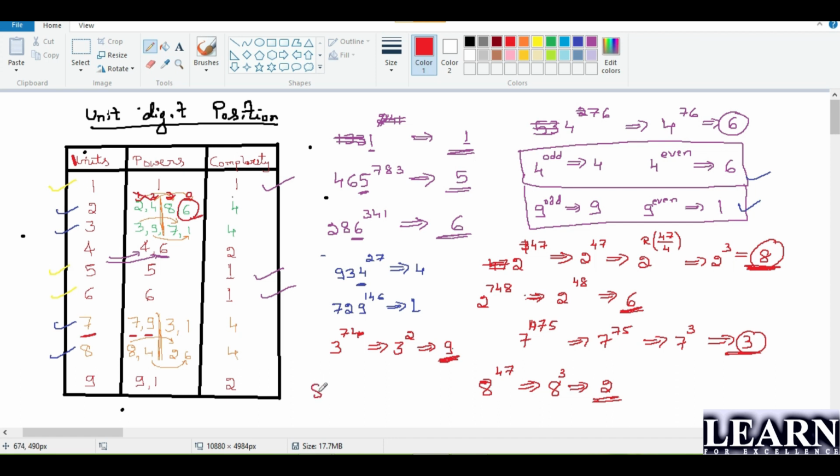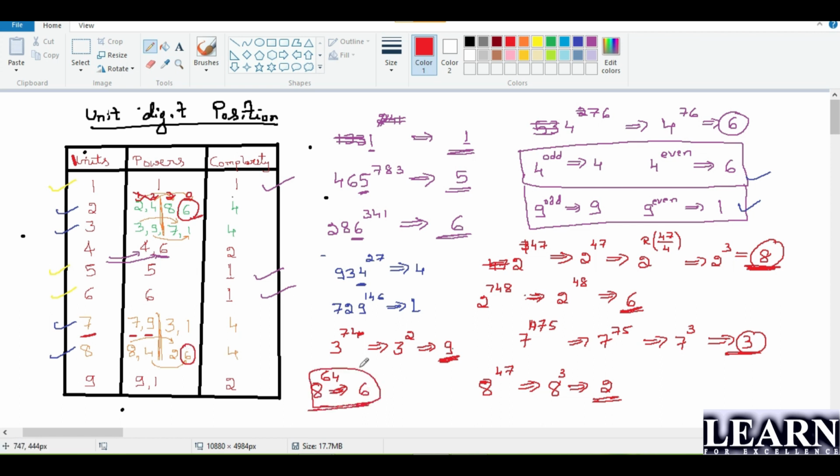I'll take one last number. 8 to the power 64. Yes, good, guys. The answer is 6 here. So 64 is completely divisible by 4. Then we have to take out the last digit. That is nothing but 6. So the answer is 6 over here.